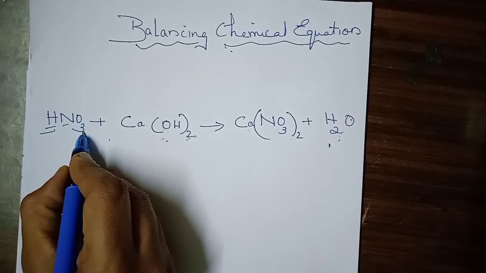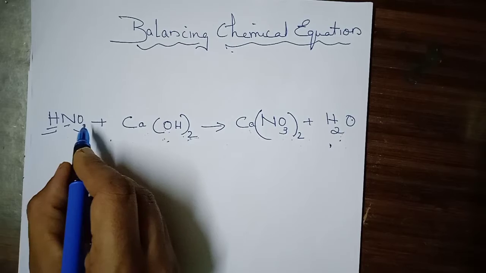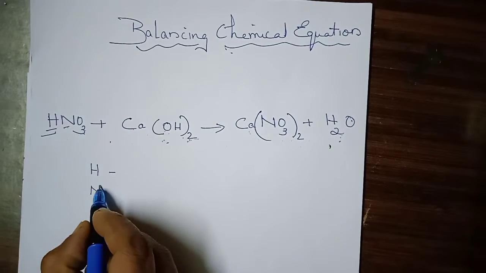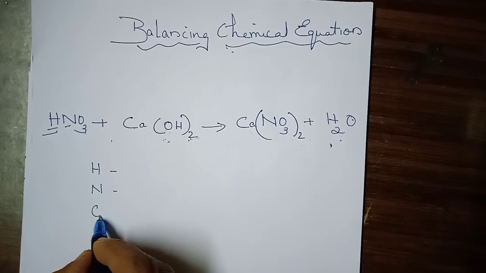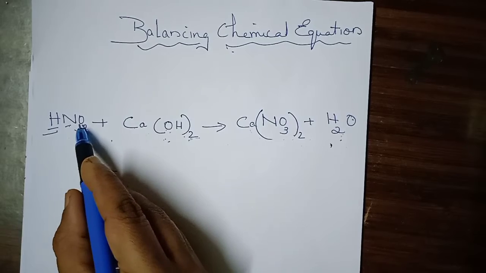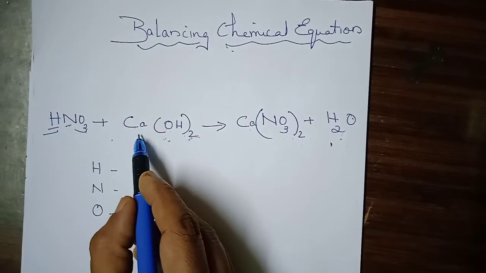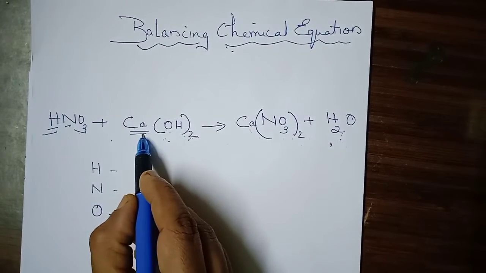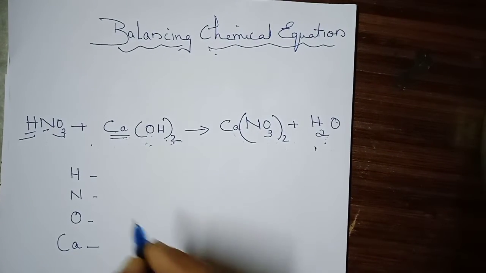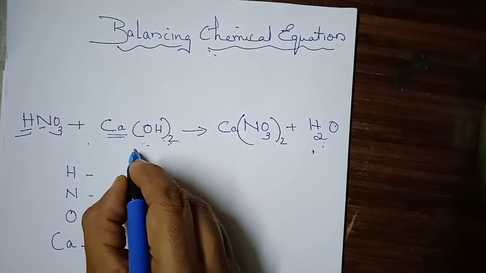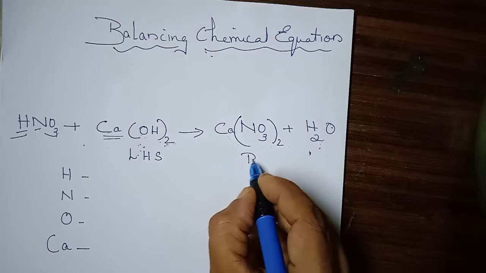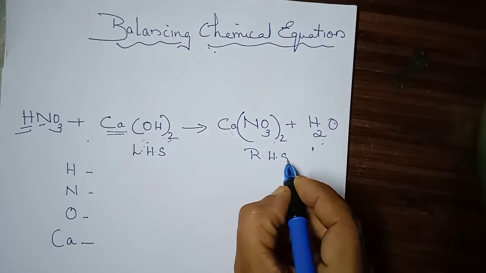NO3 is nitrate, but we have to take nitrogen separately and oxygen separately. So we have nitrogen and oxygen. Hydrogen is done, nitrogen is done, and oxygen, and here we have one more element, that is calcium, Ca.